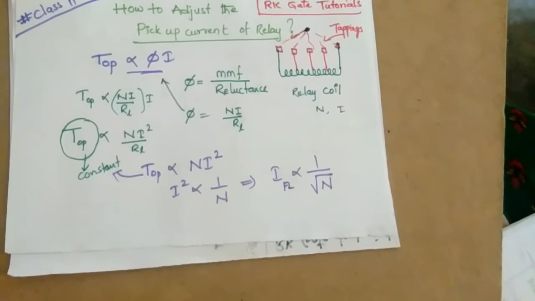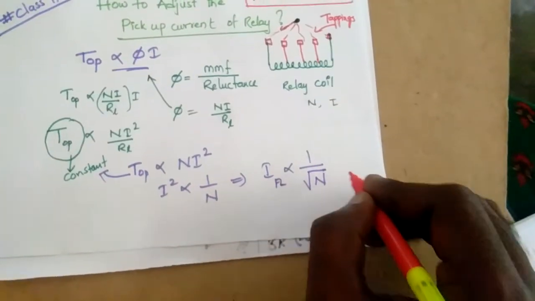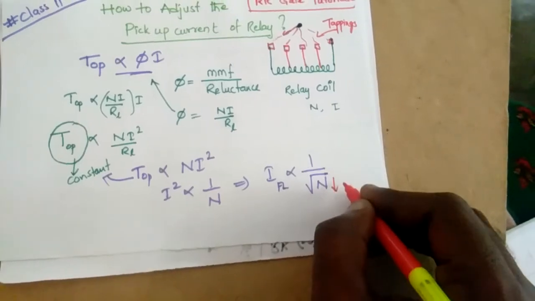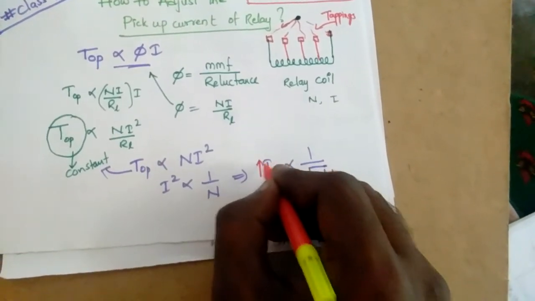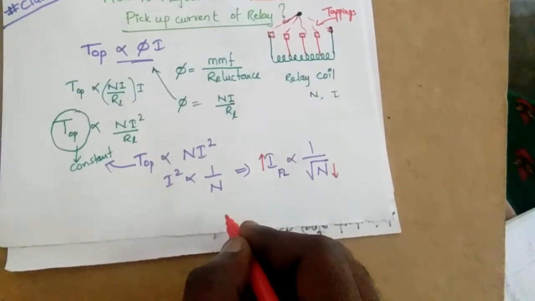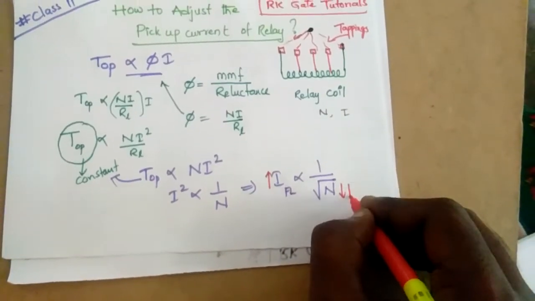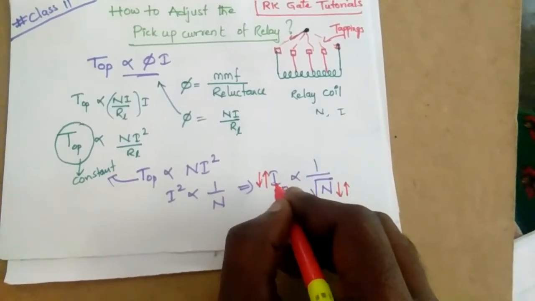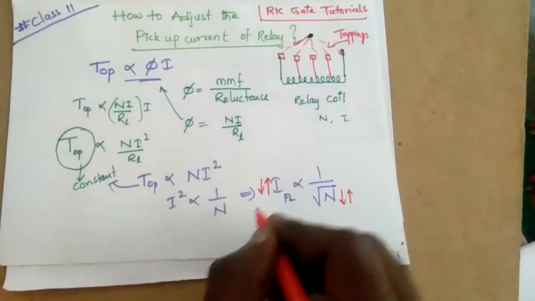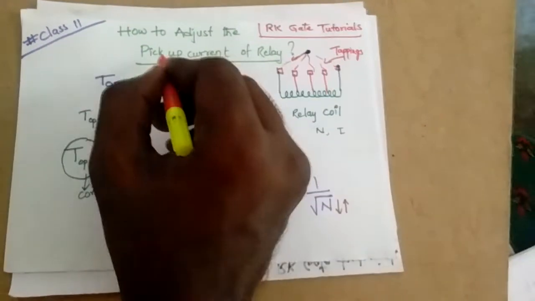From here we can analyze that if the number of turns decreases, then the full load current increases. If the number of turns of the relay coil increases, then the pickup value, I mean the full load current of the relay, decreases. This is how we are adjusting the pickup current.